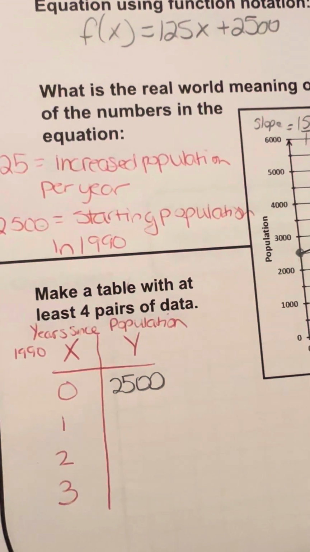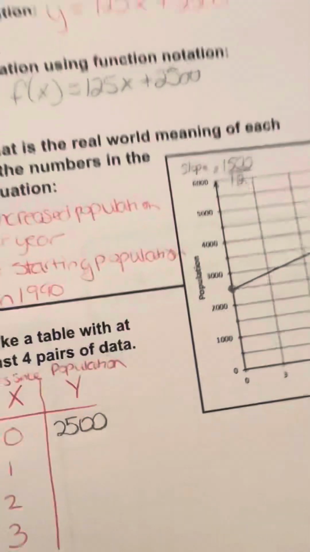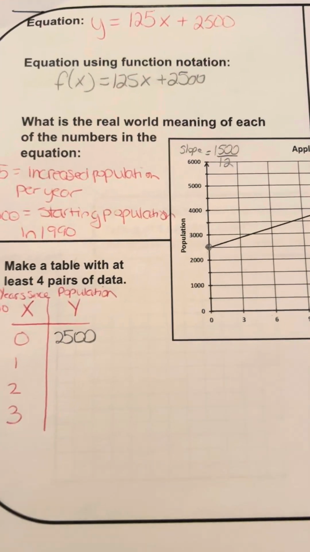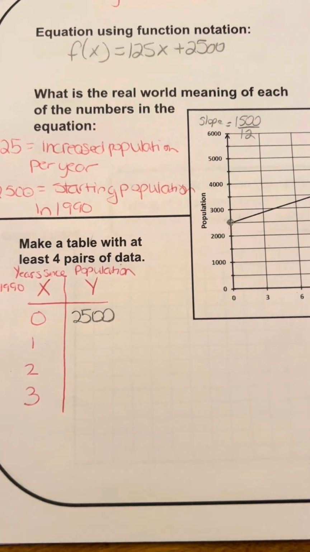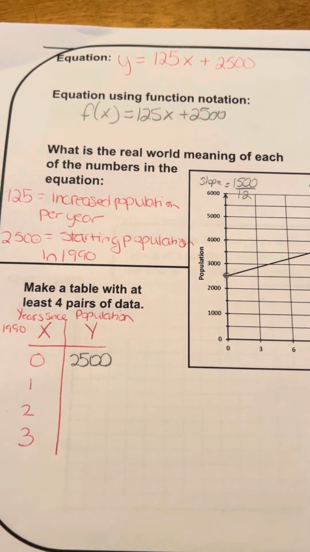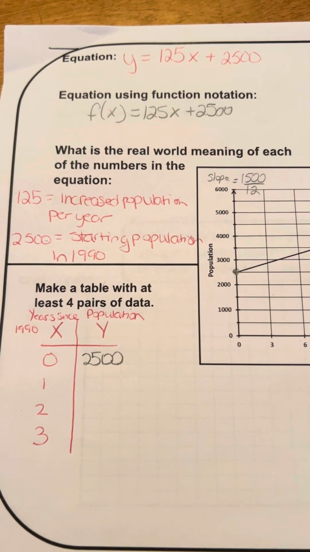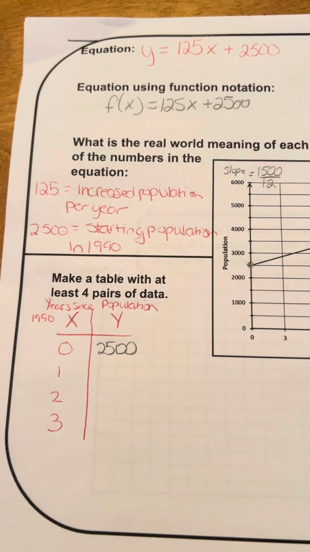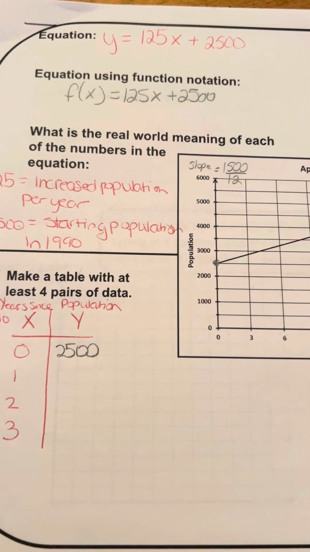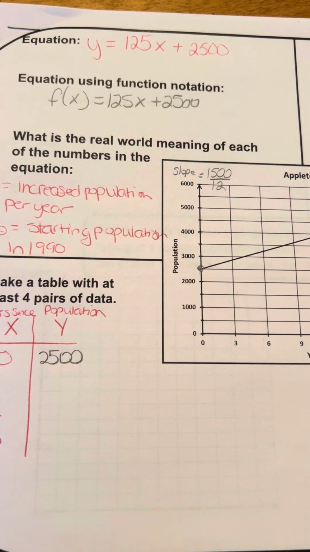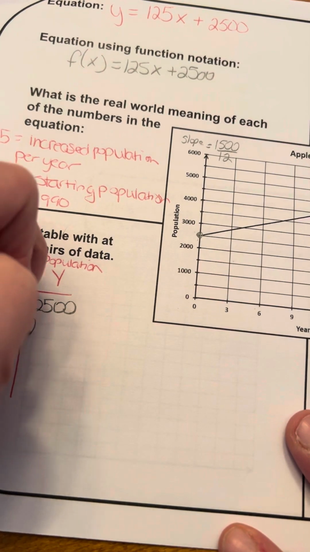Now I'm going to do the same thing with 1: 2,500 plus 125 times 1, which is just 125, and we end up with a total value of 2,625.